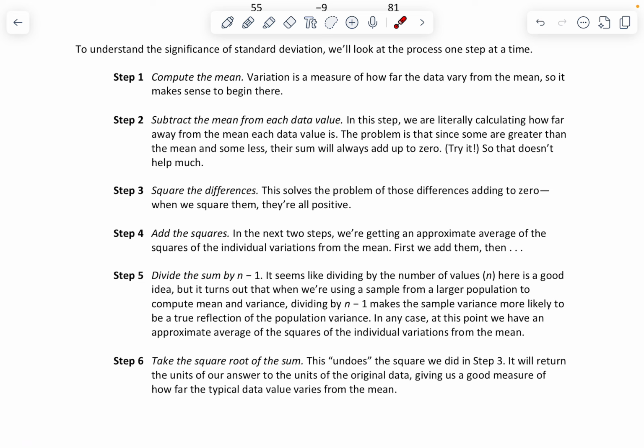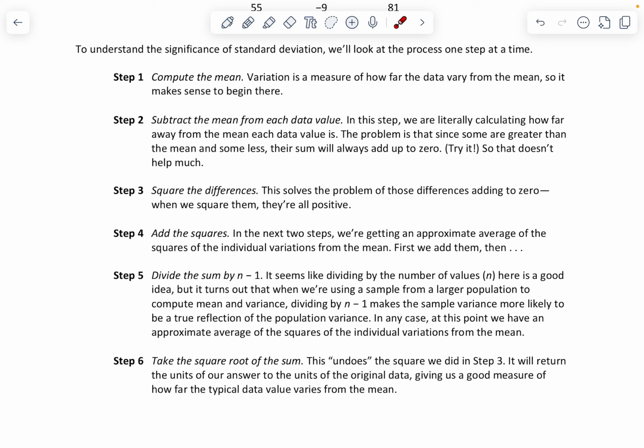This one's a little counterintuitive, because it seems like, based off of what we know about calculating a mean, dividing by the number of values here would be a good idea instead of the number of values minus 1.